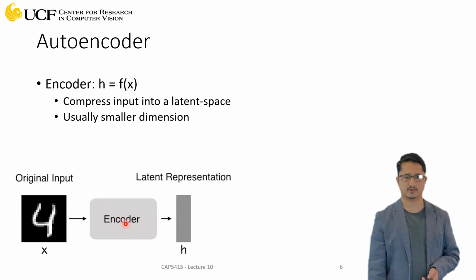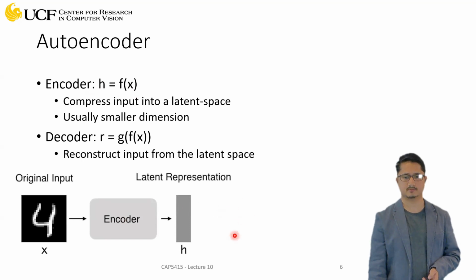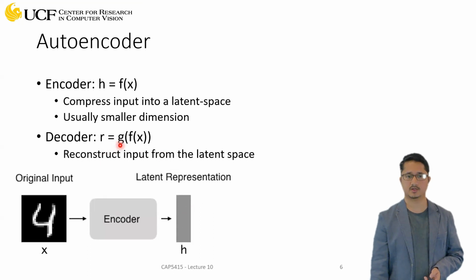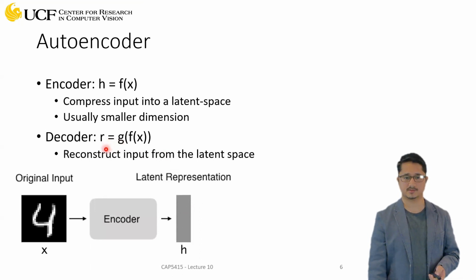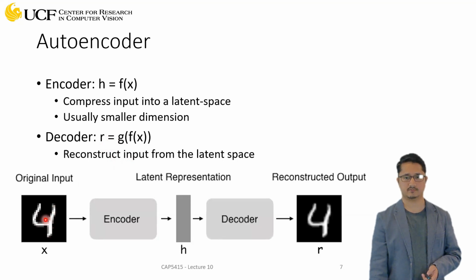F is your encoder function. Then this will be your latent representation. And then again, you can represent your decoder as a function where you send in this latent code as input. For example, in this case, G is your decoder, which will give you r, which is the reconstruction of the input. Okay, so in this case, it will try to reconstruct 4.